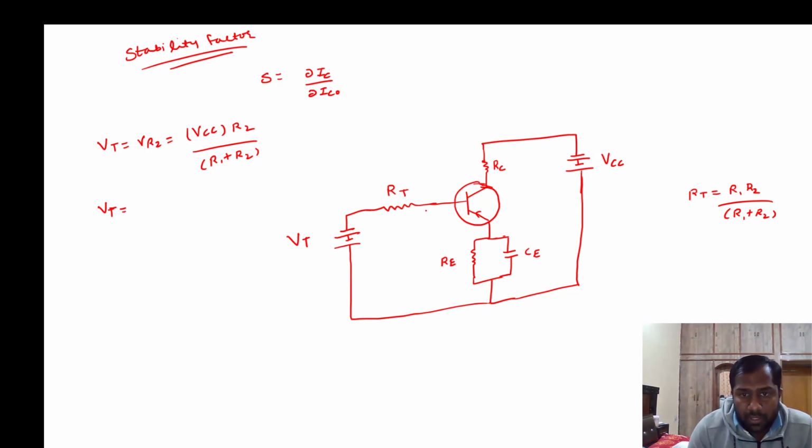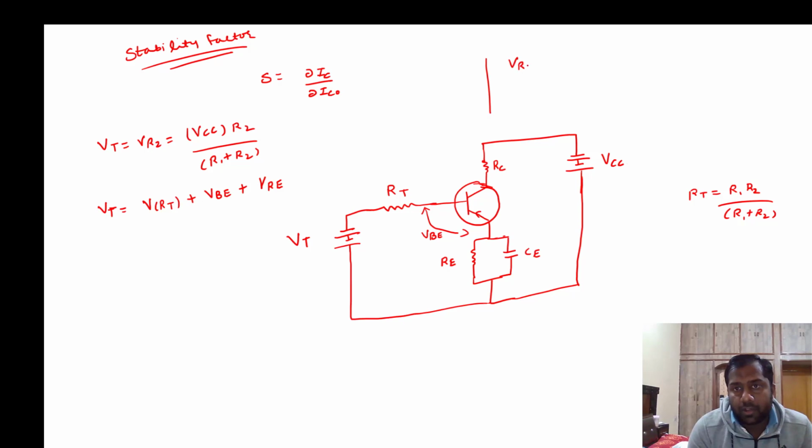So this voltage is again VBE. This is again the voltage component between the base and the emitter. So what we are writing here, this Thevenin voltage is equal to the voltage across RT, which is the Thevenin resistance, plus VBE plus V across RE. We have already written what is the V across RE.